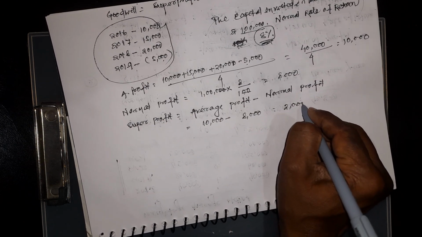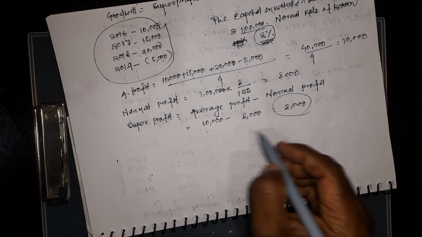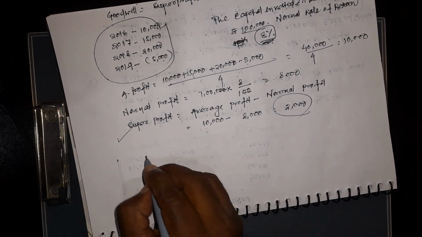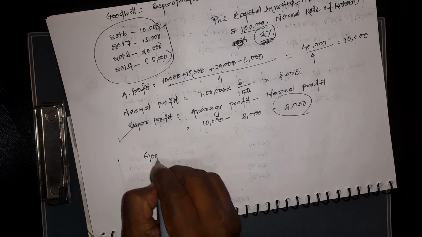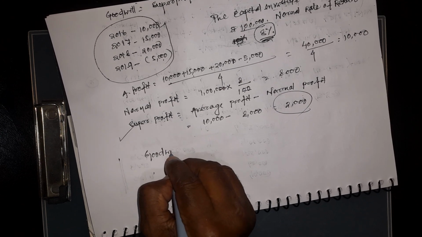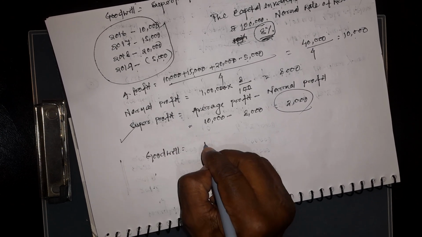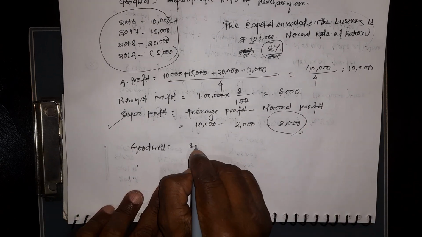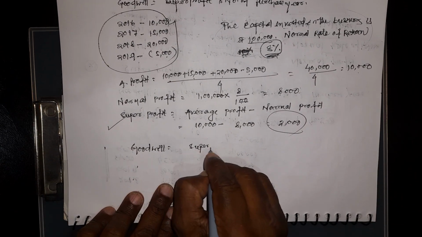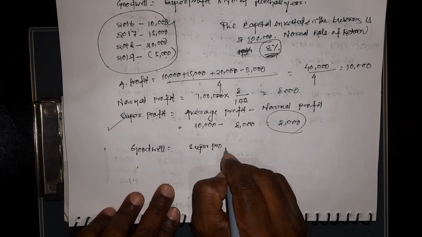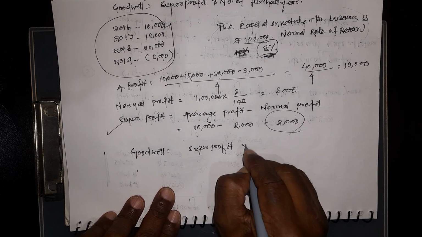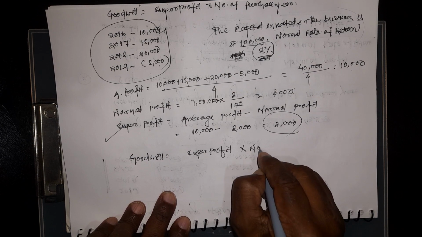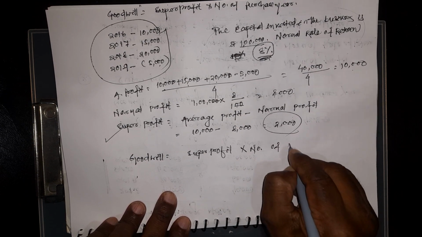Super profit is 2,000. After calculating the super profit, we will calculate the goodwill. Goodwill equals super profit into number of purchasers.